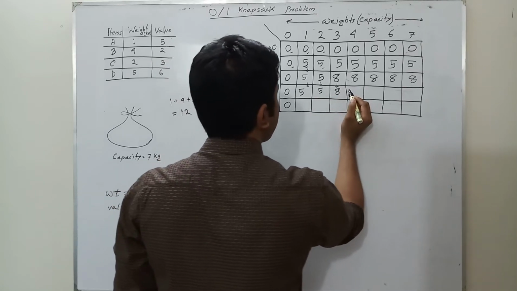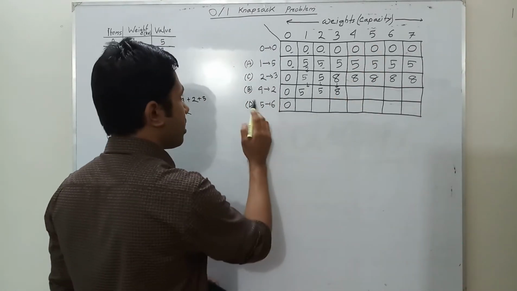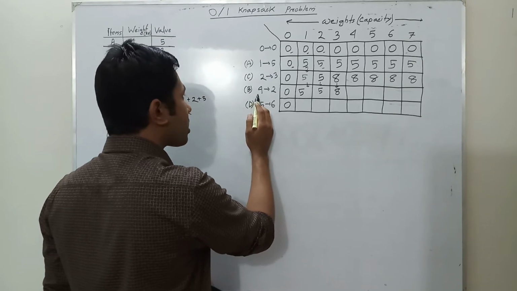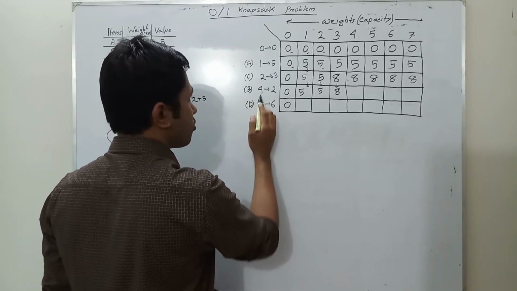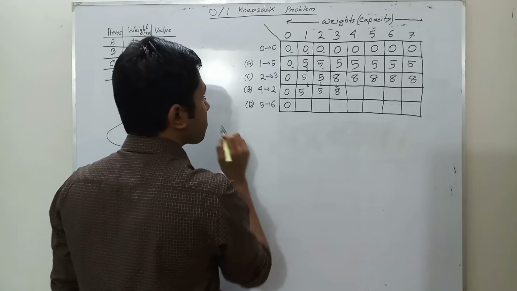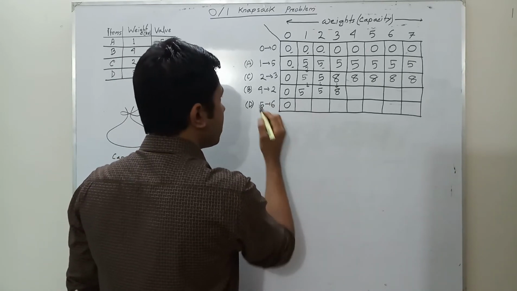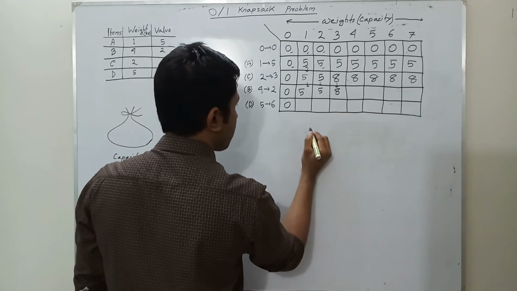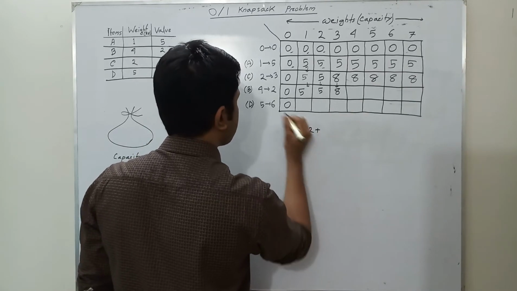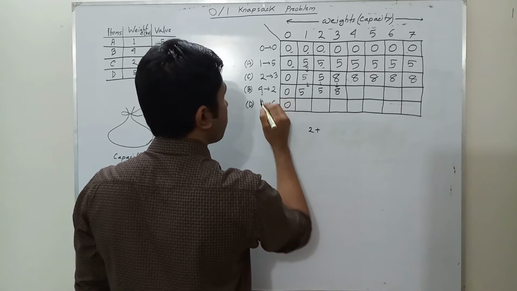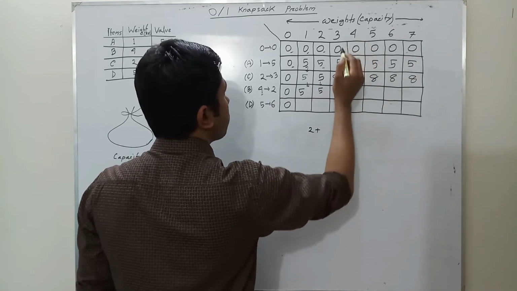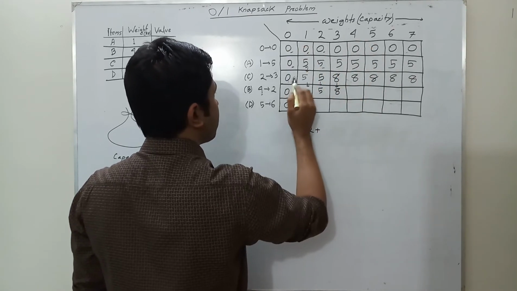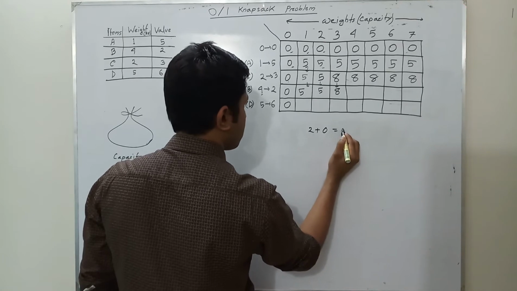Here the capacity of the knapsack is 4, and the weight of the item B is 4, so I can use the item B. So after using the item B, the value will be 2 plus, I've used the 4 size of weight, the capacity of my knapsack is 4, so it will point here 0 equal 2.